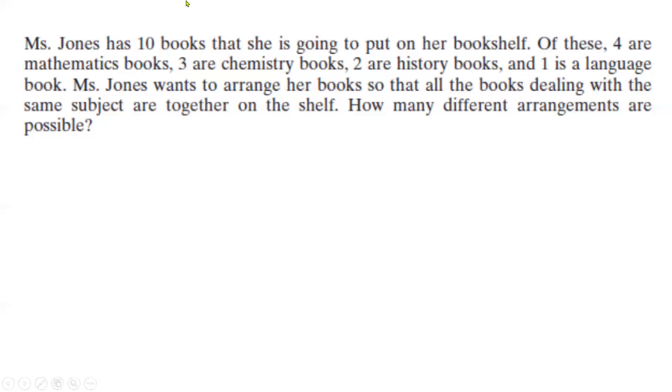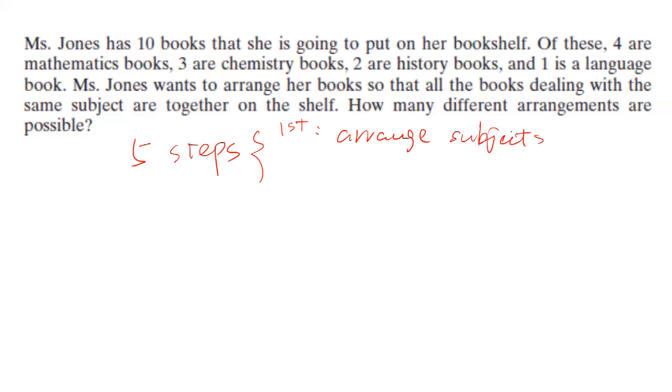Okay, any ideas? So to finish this task, are there any steps? Of course there are, right? So how many steps are there? There are 5 steps, right? First step is to arrange different subjects, right? So this is to decide which subject is in front and which subject is at the back.